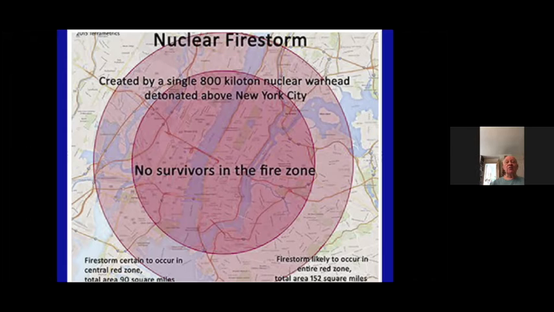And of course, with the number of weapons that Russia and the United States have today, they're unlikely to launch one against the other. They're likely to send many towards the vicinity of New York City. The next.